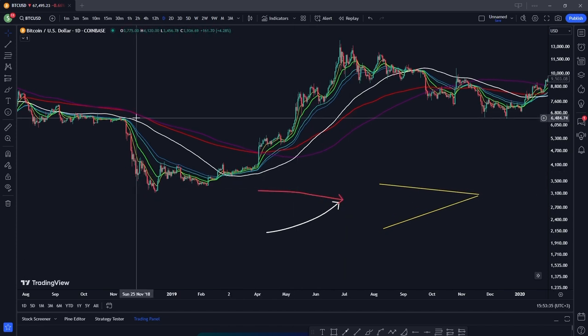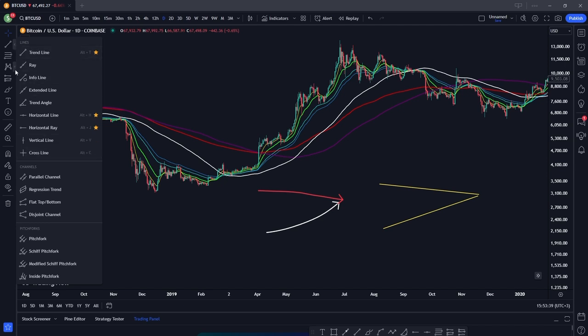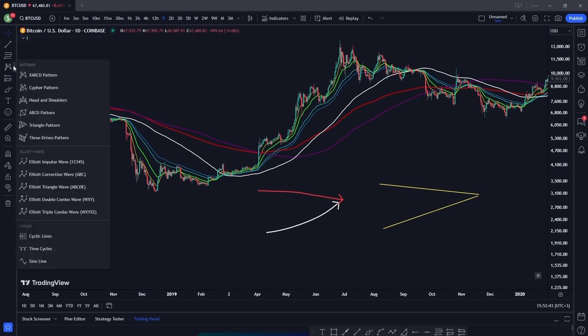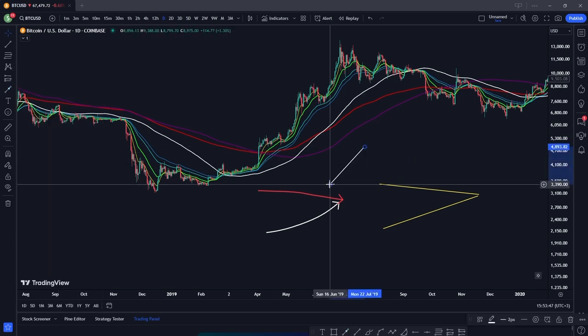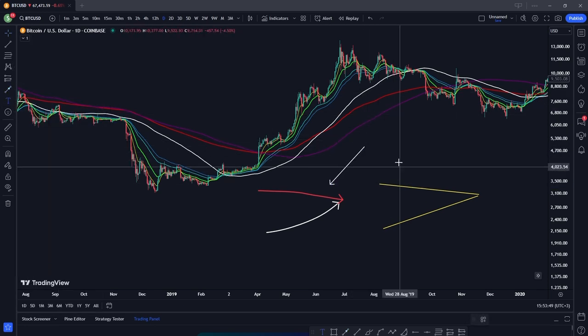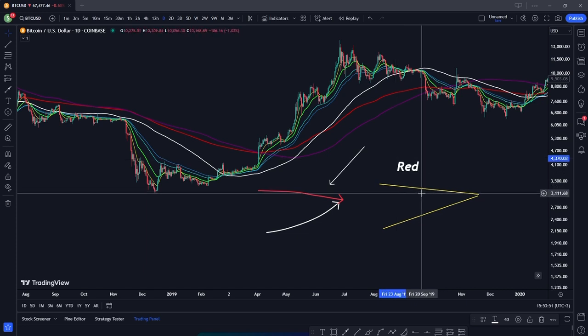It's very important that the red 200 MA must be above the white 100 MA.